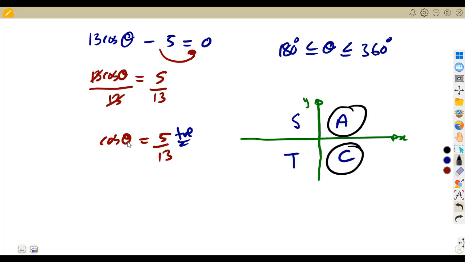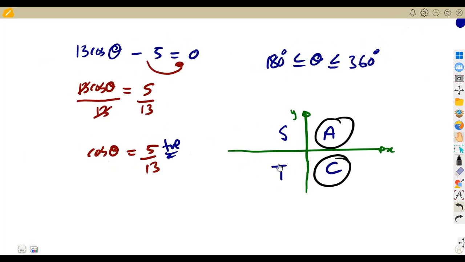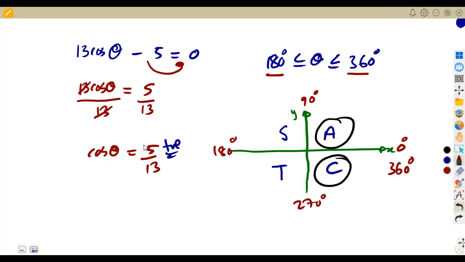Which quadrant is it that I'm going to take? So you go back to this part that you're given here. They are saying our theta is going to be taken from 180 to 360. This is 0 degrees, 90 degrees, 180 degrees, 270 degrees, 360 degrees.